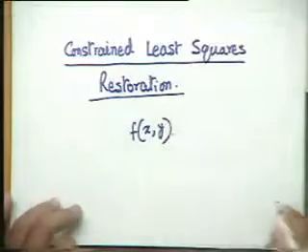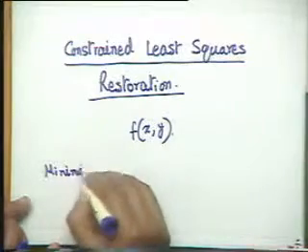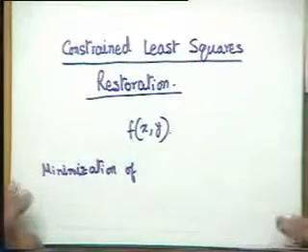So if we consider the image f(x,y), we are going to consider the minimization of some measure of smoothness, and as a measure of smoothness we can take the second derivative operator, so that we minimize the second derivative function of this image, and square it up.